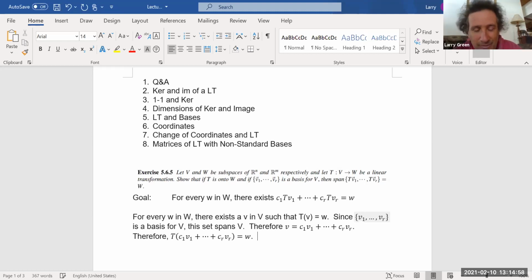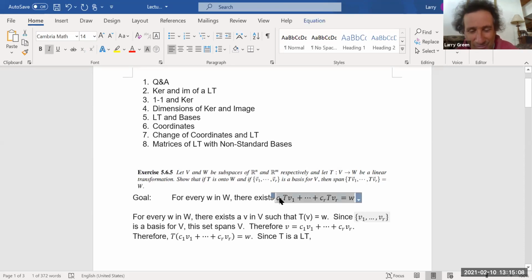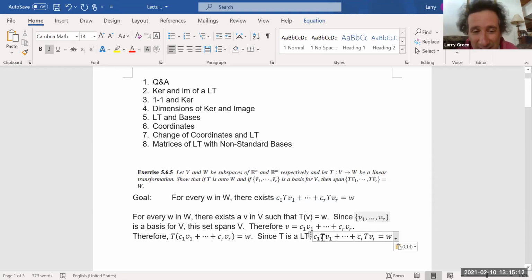So therefore, since T is a linear transformation, we're done. I'm just going to copy and paste the goal because that's what I can do. It means that I can pull out the C's and split up the pluses. And that's what I wanted. That was my goal. So therefore, we wrote it right.